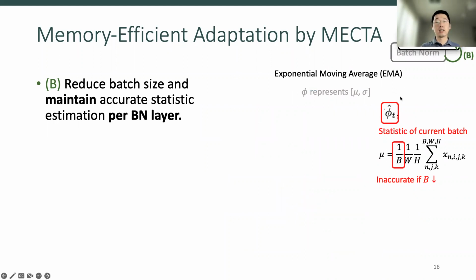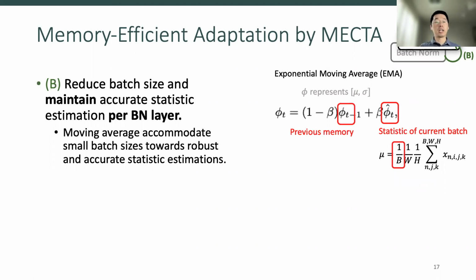We denote the statistics as phi, which could be the mean and the variance combined. This is phi hat, which represents the statistics of the current batch data, which may be inaccurate if you reduce the batch size, as we mentioned before. So how can we address this?